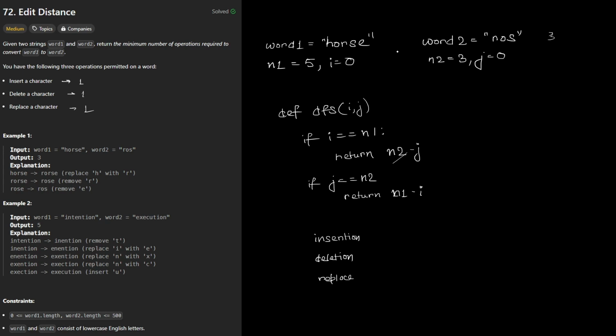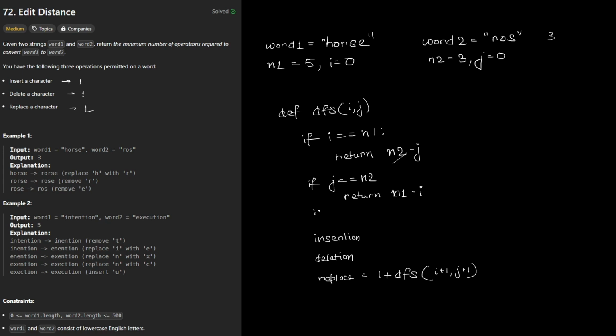If I replace h with r, what is going to happen? I can call 1 plus dfs, and because I'm replacing, I need to now go to o, and similarly j will also go to o. So because of replacement, we are going to add 1 to both, so it would be i plus 1 and j plus 1.